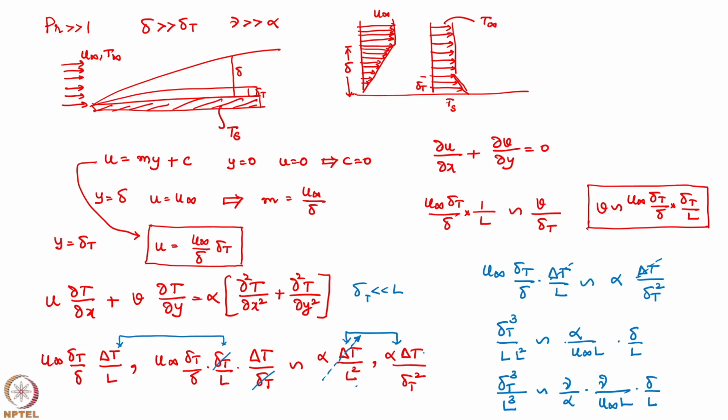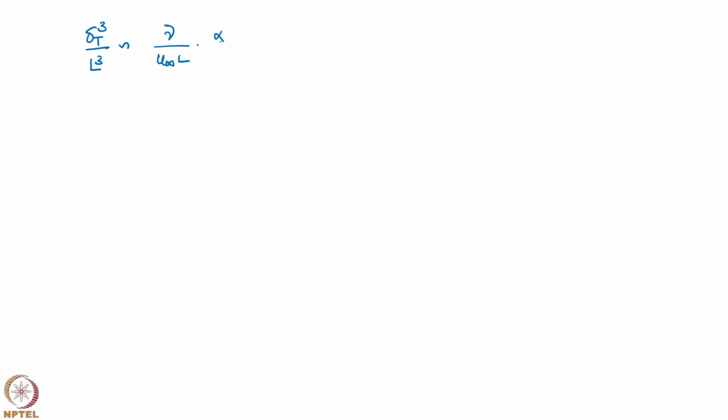There is a mistake here, this is actually alpha by nu. So, you get alpha by nu into delta by L. Here we had found delta by L is of the order of Re_L to the power of minus half in the last class.